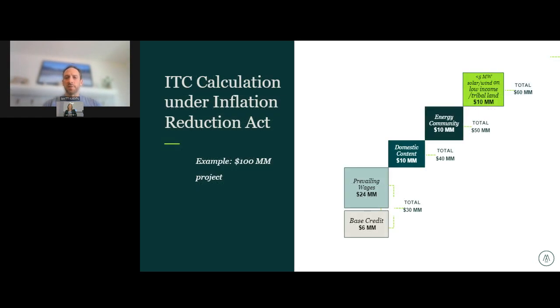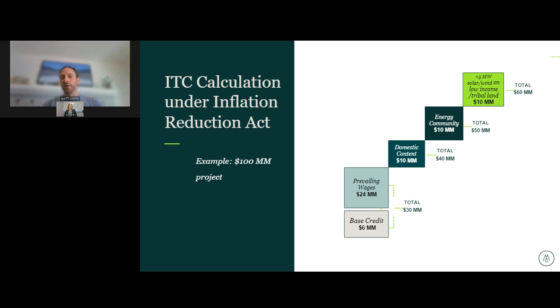Just a quick and simple calculation on a $100 million project to show you how the credit is calculated. You would get a base credit amount of $6 million. When you meet that prevailing wage hurdle, you would achieve another $24 million in bonus credits. If you use domestic content to a certain degree that's required, it's about 40% of your overall cost for most manufactured components, you'd receive another $10 million bonus credit.